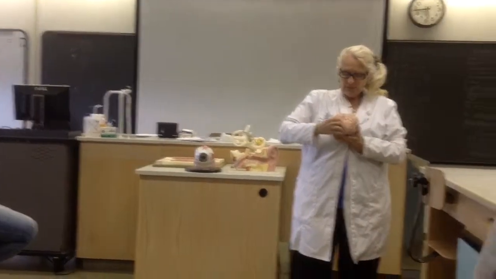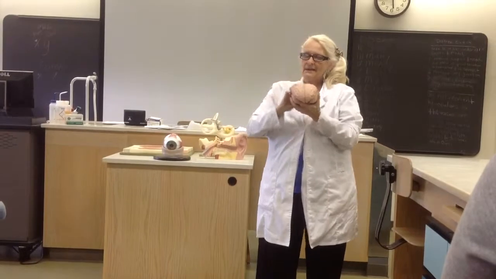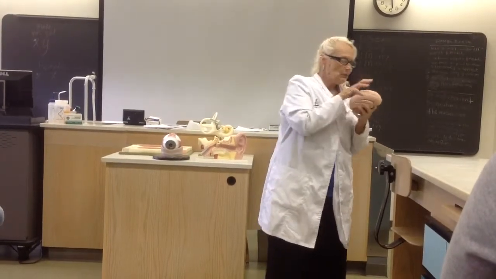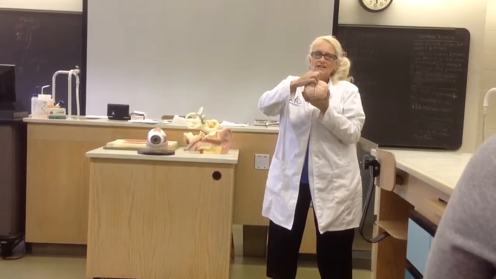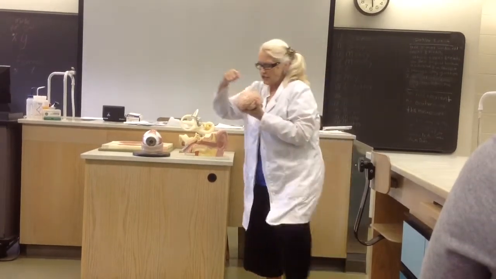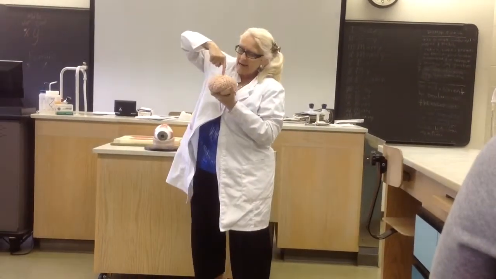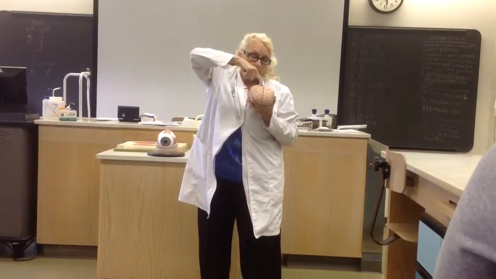You have this deep line in the middle that separates the brain into two hemispheres, left and right. It is called the longitudinal fissure. Longitudinal fissure. If there is an arrow pointing into that hole, longitudinal fissure.